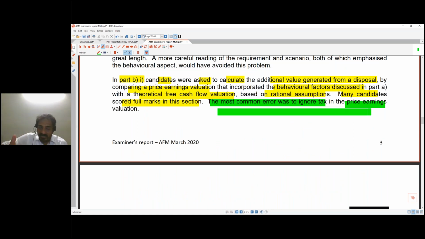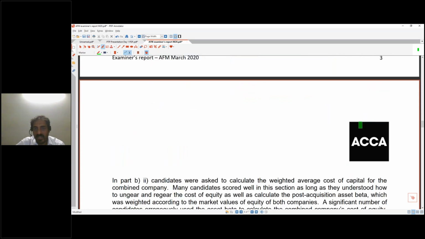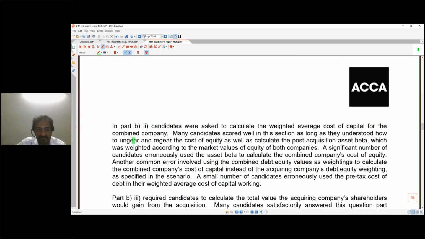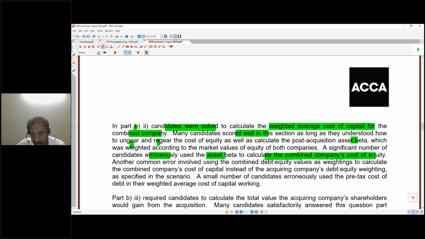We also discussed do's and don'ts. Do's, the pull factor. Don'ts, the mistake your seniors did. In part B, candidates were asked to calculate the WACC of the combined company. Many candidates scored well in this section as long as they understood how to ungear and regear the cost of equity, as well as calculate the post-acquisition asset beta, weighted according to the market value of equity of both companies. Significant candidates erroneously used asset beta to calculate the combined cost of equity.